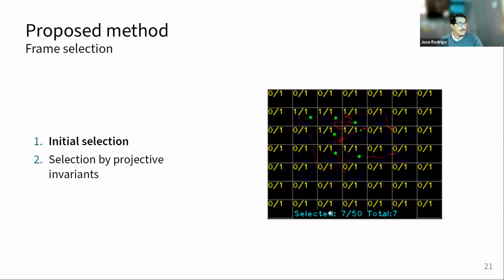The second step is the frame selection, that consists of two substeps. The first one is the initial selection. We are gonna define a grid, where we are gonna try to find the pattern alongside all the frame.